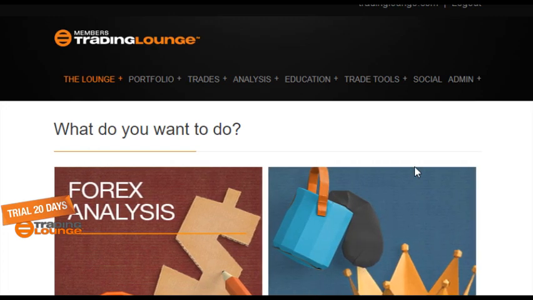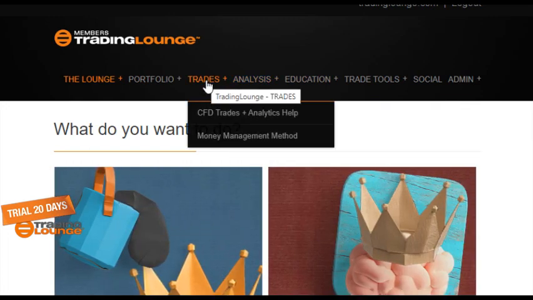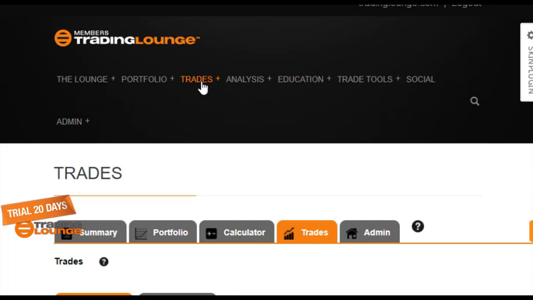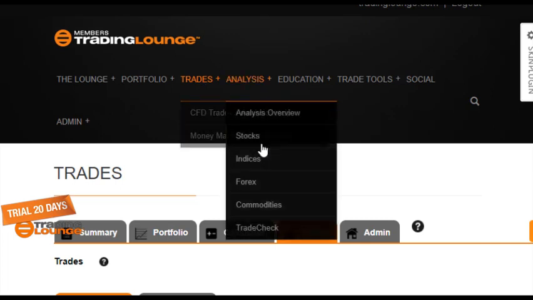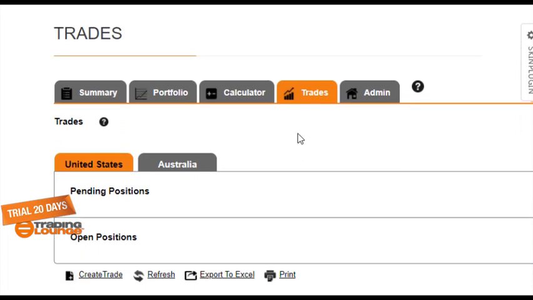But just before I get into that, I just want to talk about a couple of things here. First of all, in this little section where we've got trades, this particular module is something our developers are working on at the moment. There's still a couple of errors, but this is where the shorter term stock trades will take place.